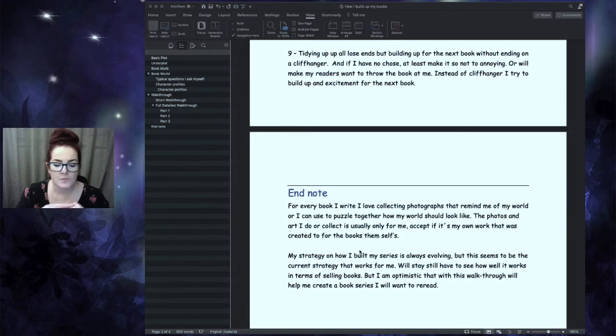So one of the things I love doing when I am world building is collecting photographs and artwork that remind me of and help me build up the image of my world and the places in my world. These are usually just for my eyes only.